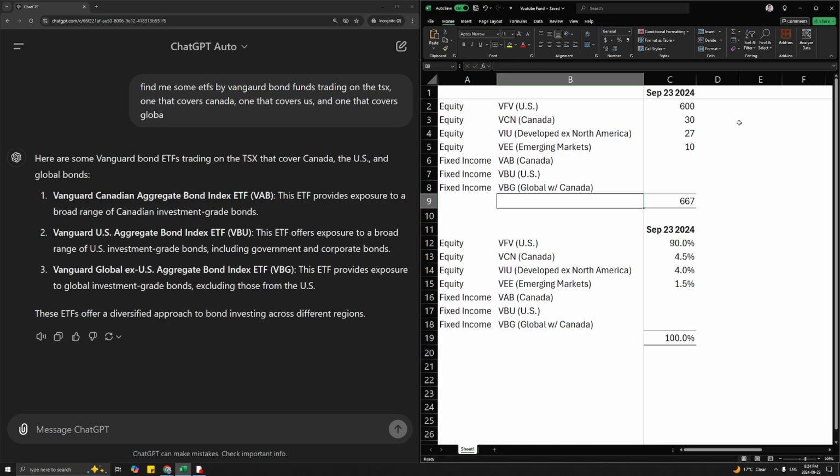Now you know what the initial weights of the portfolio are going to be. Basically this was copying another ETF, and we're using these ETFs to copy that ETF, and then we're going to offset some of our equity risk by having some fixed income to start with.